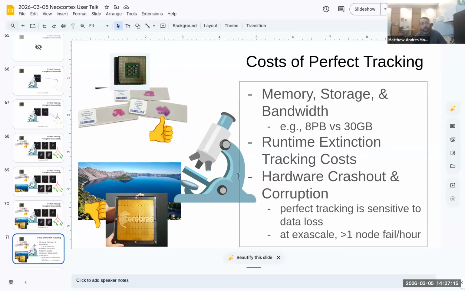I'm happy to take questions about this, but some of the challenges that you encounter trying to scale up this direct tracking approach in a distributed system like the Cerebras Wafer-Scale Engine are the amount of memory storage and bandwidth that you need to work with all of these individual parent-child relationships. This type of approach is also susceptible to data loss, where if you lose an individual link in your tree, you can suddenly end up with two subtrees that you don't know how they relate to each other.